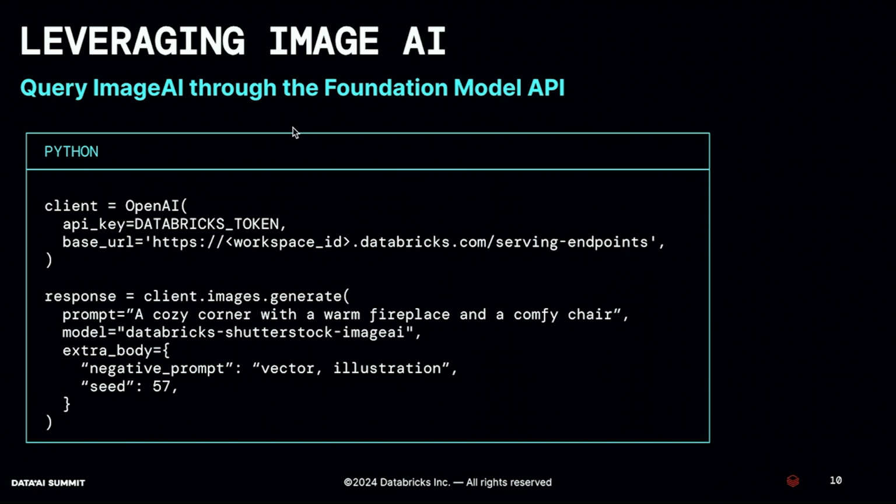I have an example of a cozy corner with a warm fireplace and a comfy chair, and the model name, and then some extra body parameters. These include negative prompt and seed. These values help you control the generation of the images, and I'll explain a little more what each parameter does in a later slide. But this is just our simple example to show you how easy it is to get started with our APIs.